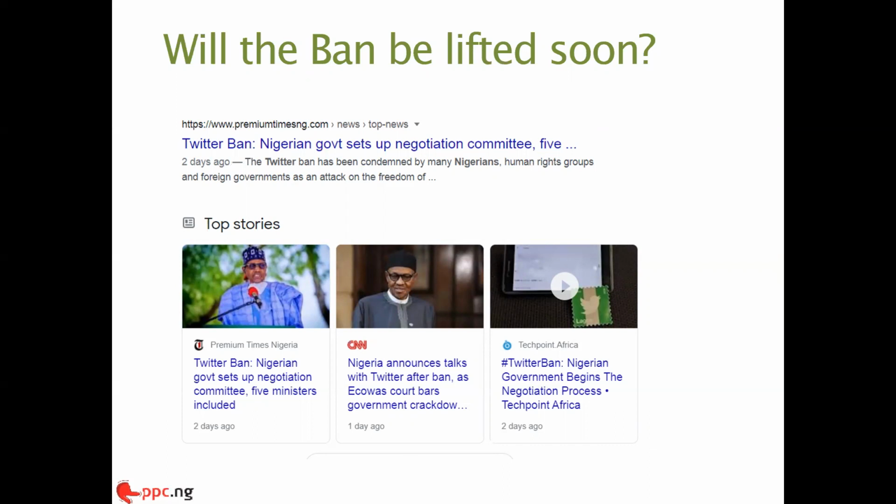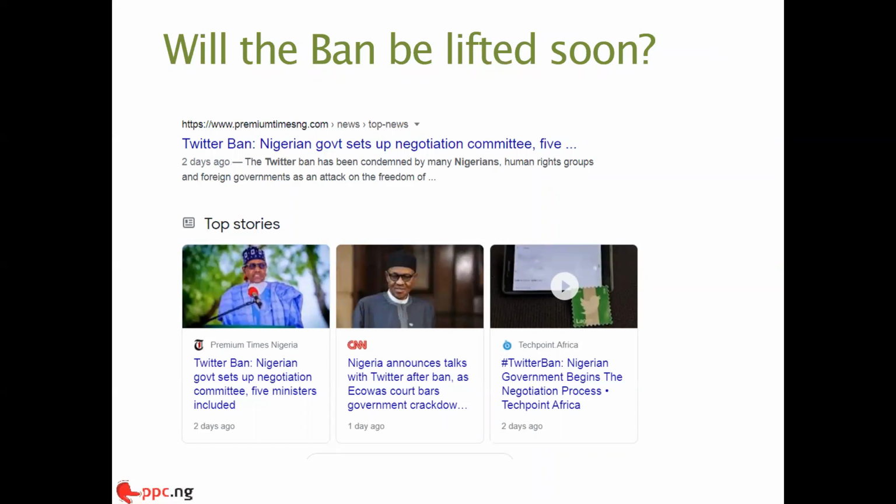I think there was a major judgment from the ECOWAS court saying that Nigerians have the right to tweet. Of course, the government responded that they were still studying that court judgment. Then from Tech Point Africa, a major tech platform: Twitter ban, Nigerian government begins the negotiation process.